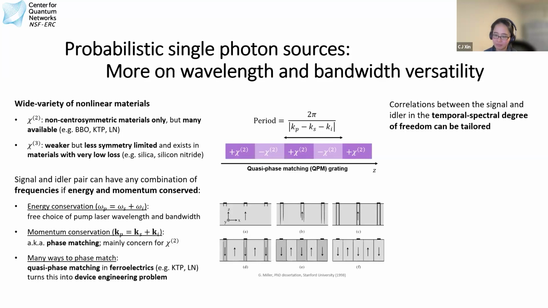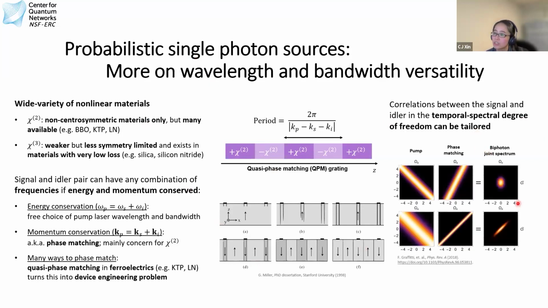So normally, if you have two photons and you measure one at a particular frequency, you can't say whether the other photon is at a particular frequency or not. But in the case of photon pairs generated from these kinds of nonlinear sources, you sometimes can get that.